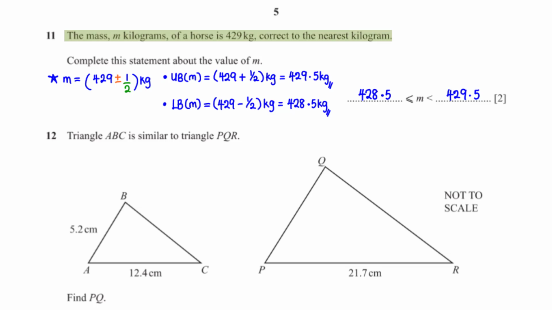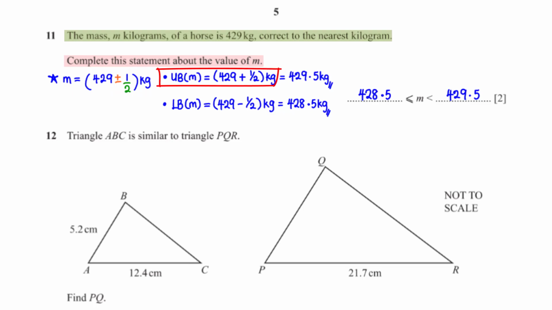The mass m kilograms of a horse is 429 kilograms, correct to the nearest kilogram. Complete this statement about the value of m. To correct 429 kilograms to the nearest kilogram, we take plus and minus 1 kilogram, then we divide 1 kilogram by 2.